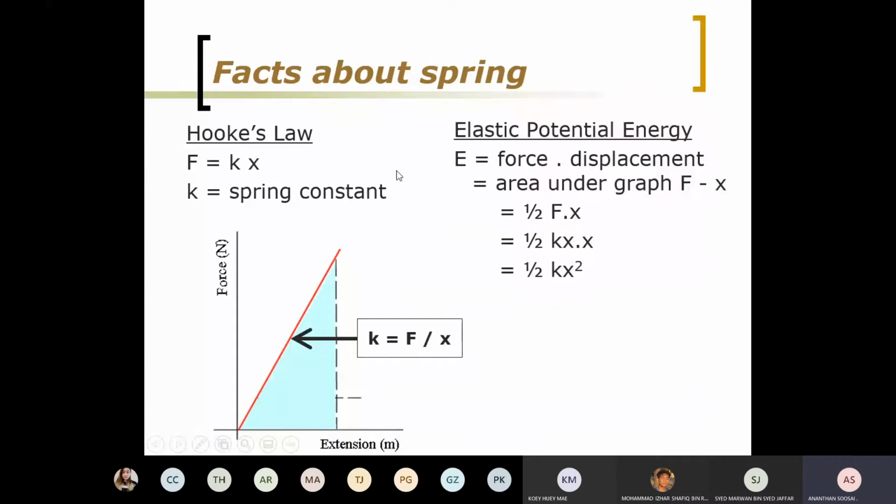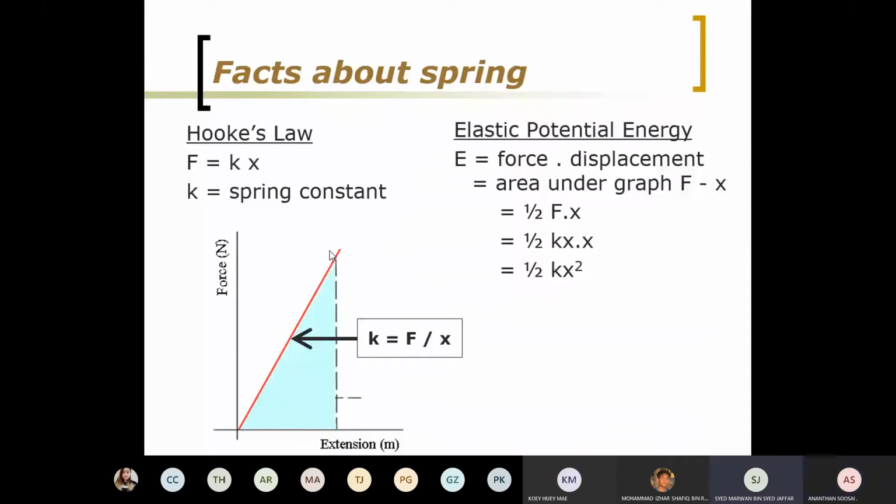Okay, spring constant. Let's say you have two springs. Your mechanical pencil has one small spring inside. Your car suspension system has a huge spring at the wheel. Which spring has a greater spring constant, the one in the mechanical pencil or the one in the car? A greater spring constant means the spring is difficult to extend or easy to extend?